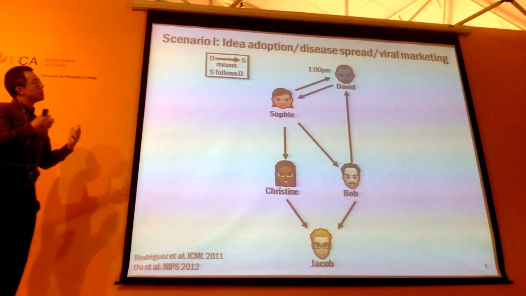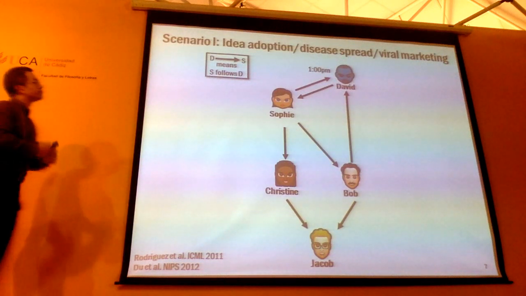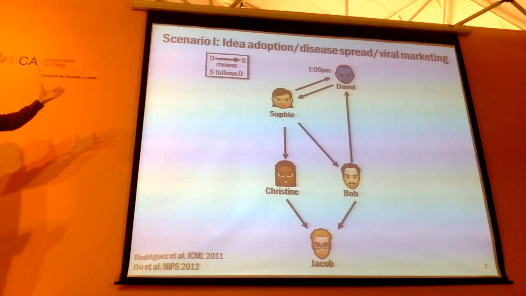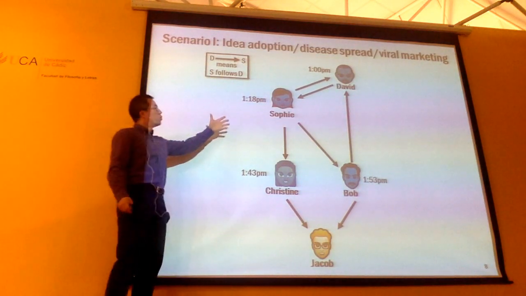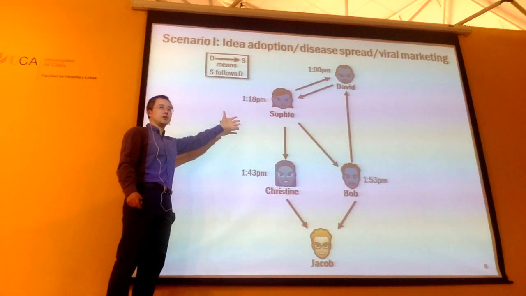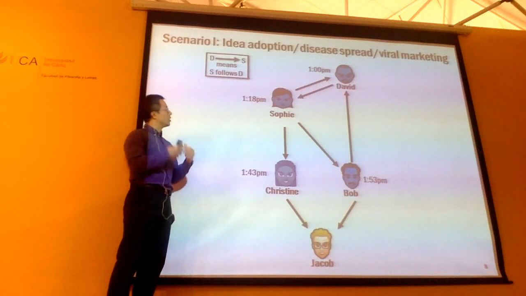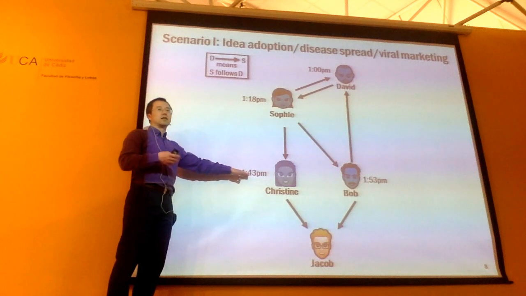In this setting of idea adoption, for instance, David has a nice idea, and he is going to propagate it to his neighbors, his followers. At some point in time, David talks about his idea at 1 p.m. Then Sophie may adopt the idea, may like the idea or the product, at 1:18 p.m. Once Sophie likes it, she is going to propagate the same sentiment or idea to her downstream neighbors, and these downstream neighbors are going to be affected at different points in time.